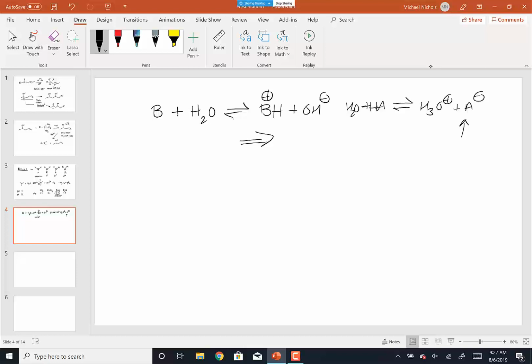What should I do to make a stronger base? Make what more stable? Your choices are B or BH plus.